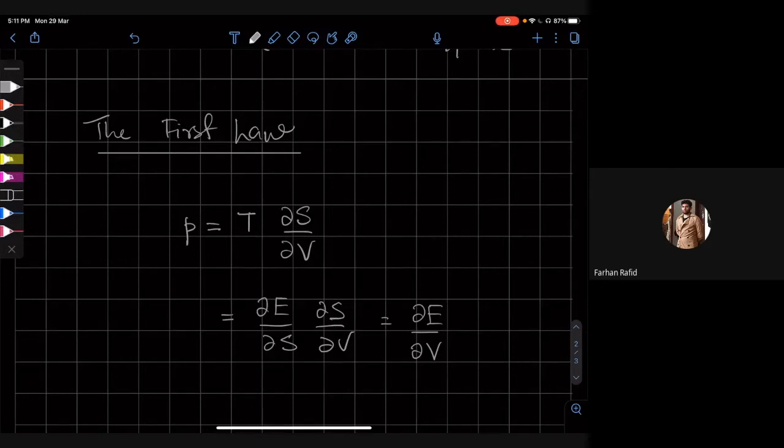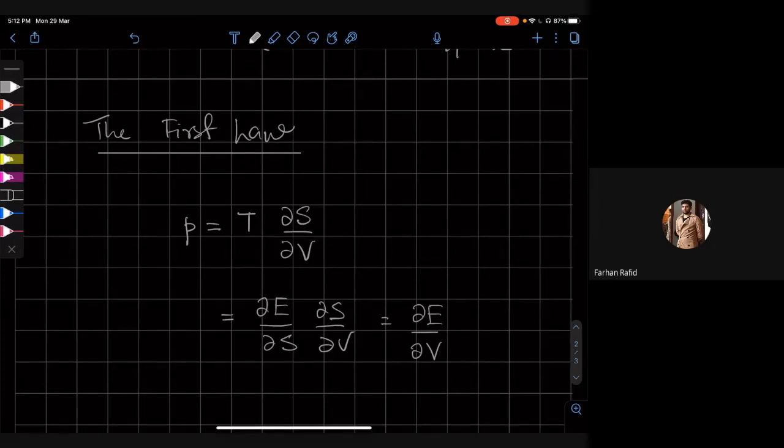So what I'm saying is that if you consider volume to be an independent variable and you allow entropy to depend on volume, then the maximization of entropy that we saw leads us to the conclusion that two gases which are in thermal contact with each other and are separated by a movable wall will reach equilibrium when the temperatures are equal as well as when the pressures are equal, okay?